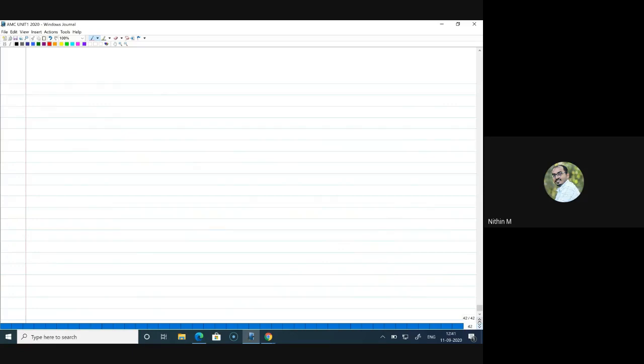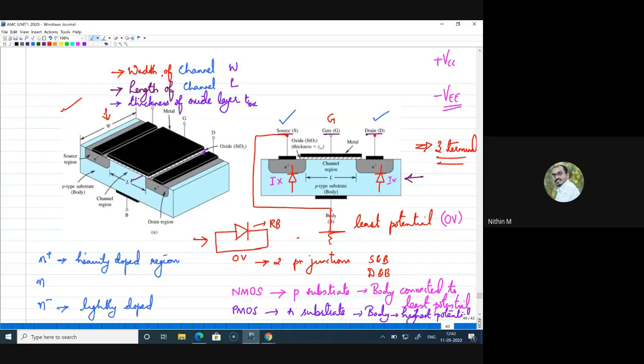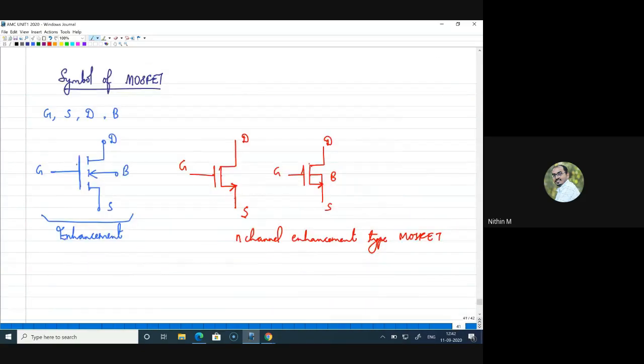When I say operation, operation of the device means how current flows through this device, and how a control is ensured on the current flow between the terminals, right? To understand that, we should first understand how a channel is formed, because we know from the symbol itself that a current cannot flow when your device is a normally off device.